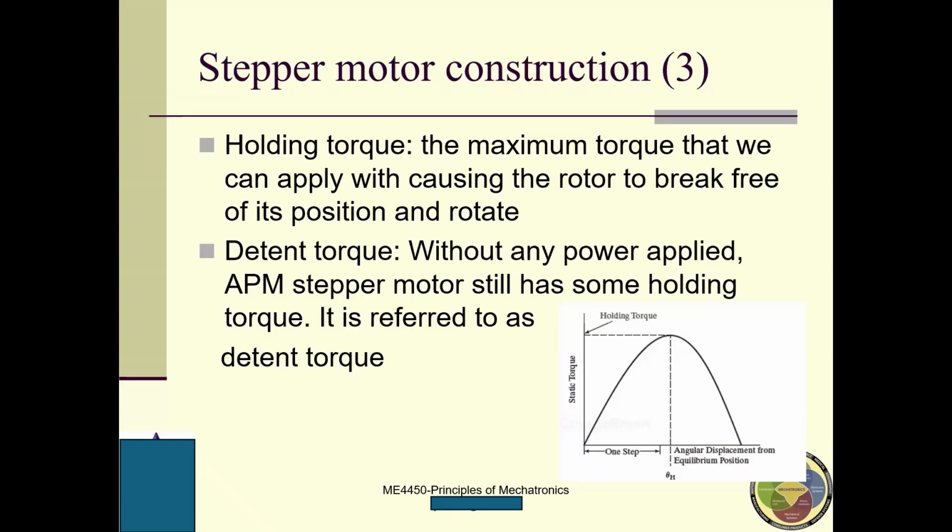These motors still have some residual torque. If you want to make it move, you need to apply some more. You understand that? So there are two different concepts. Here is a holding torque, this is a one step holding torque.